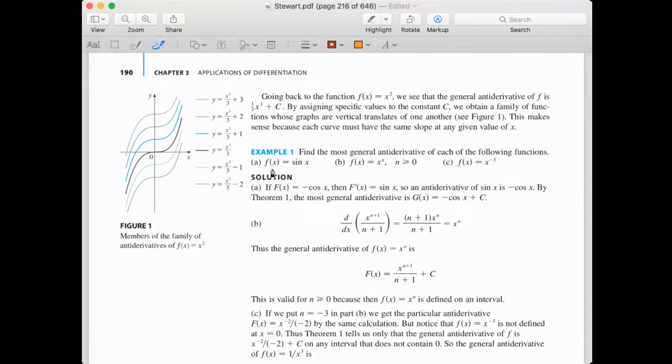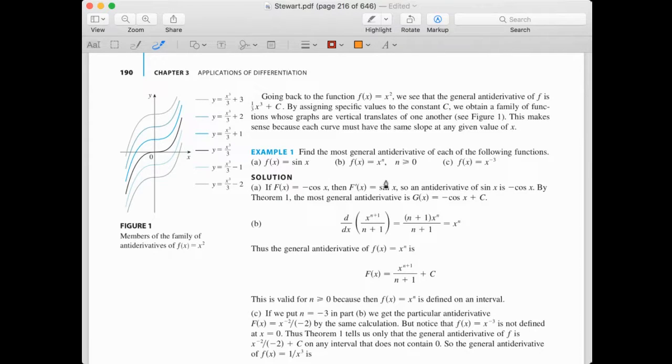Example 1. Find the most general antiderivative of each of the following functions. So if f equals sine x, we think, whose derivative is sine x? We write a derivative, the derivative function is sine x. Then the derivative of what function gives sine?